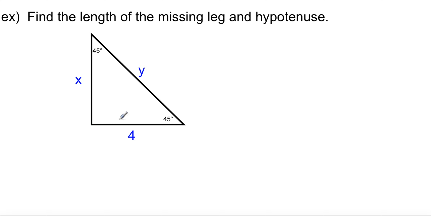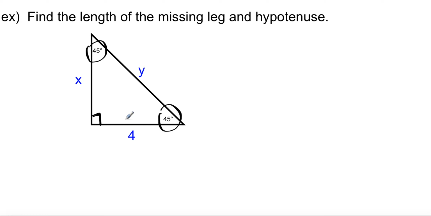First of all, it doesn't have the little right angle symbol that we're so used to seeing. And so we have to figure out that, yeah, it is a right triangle because this angle is 45 degrees right here, and this angle is 45 degrees. 45 and 45 makes 90 degrees, and the sum of the angles in a triangle is 180, so all you have left is 90 degrees.